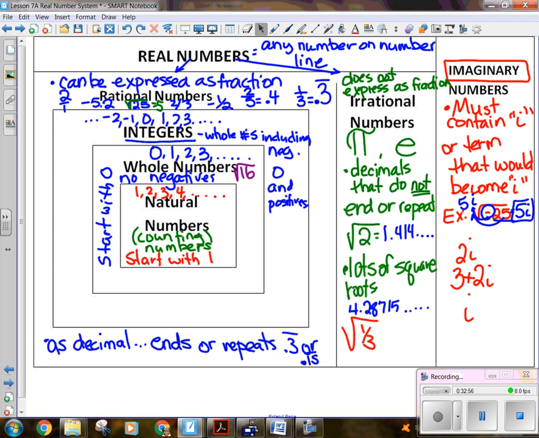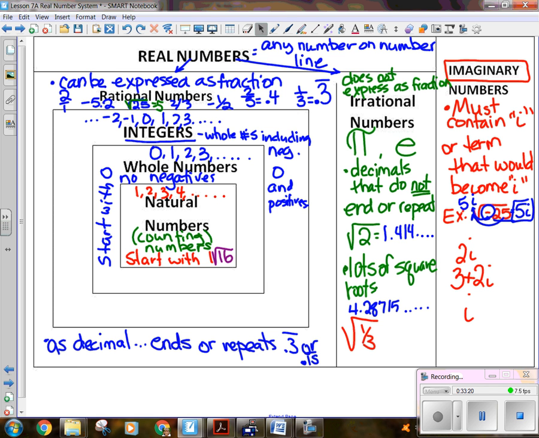Does square root of 16 work out to be 4? Yes. So 4 would be a whole number. Square root of 16 could also be an integer. Yeah, 4 is on the number line. And then square root of 16 being 4 is also rational, and it's also, guess what? Real.